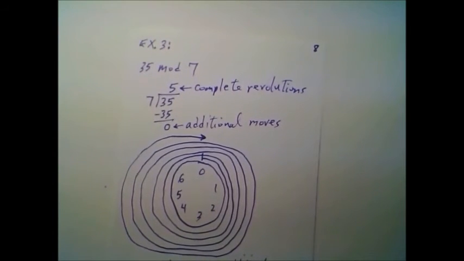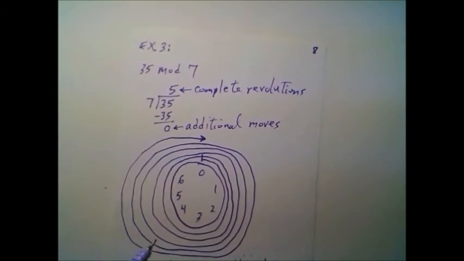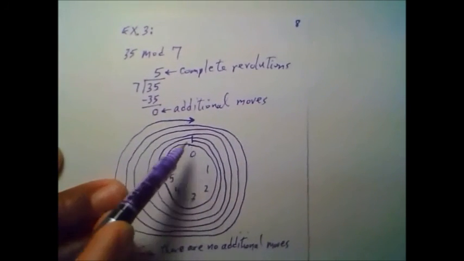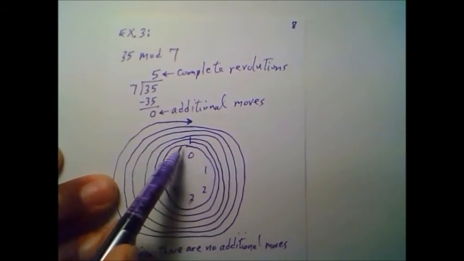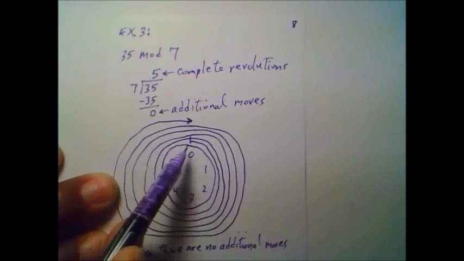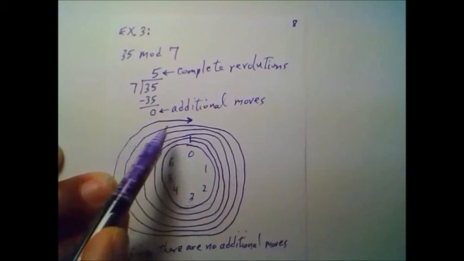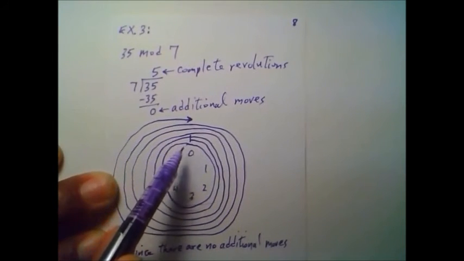So as you can see here, I started at 0 and I went around this clock 5 times. And when I did that, since I didn't have any additional steps, I ended up at 0. So I went around once, 2, 3, 4, 5 times.